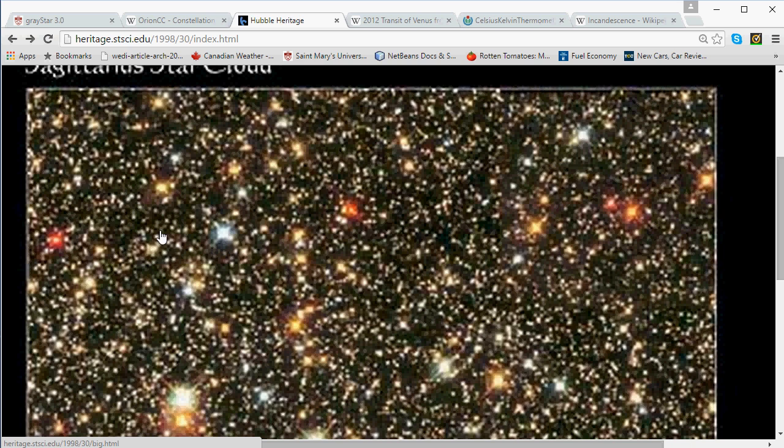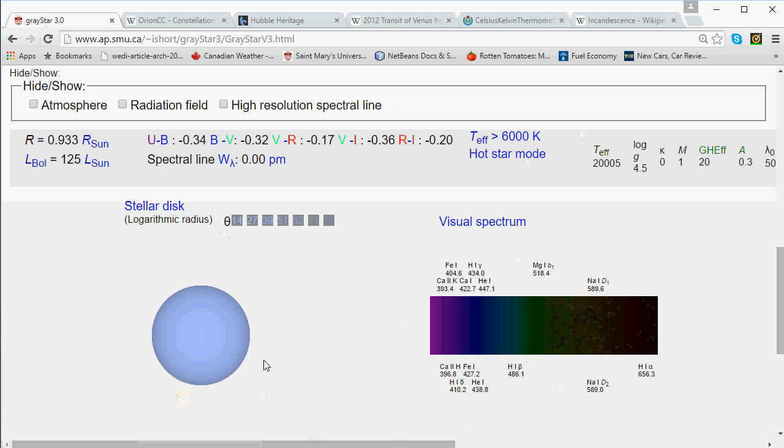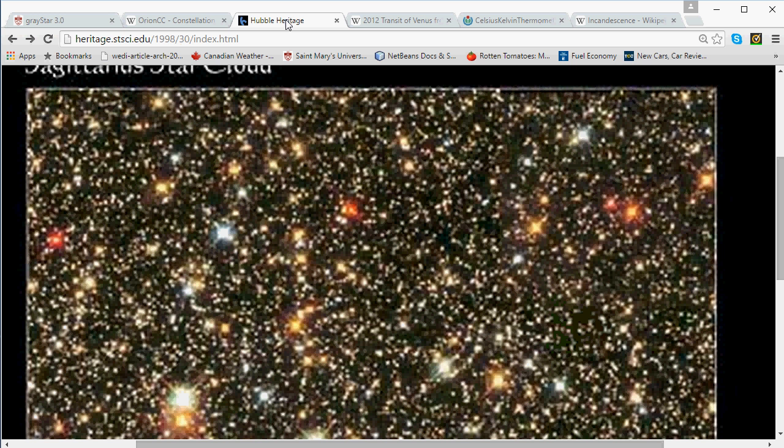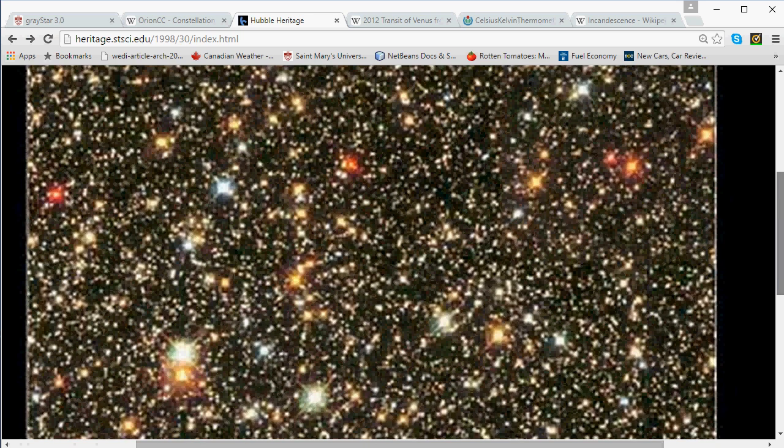And so we know from this that Regulus has a surface temperature of about 20,000 Kelvin, actually a little bit less, about 18,000 Kelvin. So now we know the basic reason for these different colors is that these stars have different effective temperatures, or different surface temperatures.